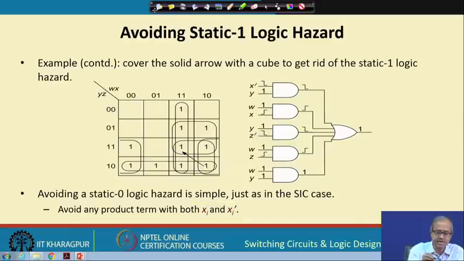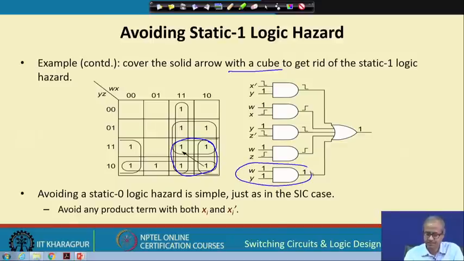What we do here is cover the solid arrow by a cube to get rid of the hazard. You see here we have used a cube like this. This is an additional cube we have added, and it indicates W y, this last gate. If you add this one additional gate, where earlier there was a static 1 hazard, you see now there will be a clean output, no glitch.